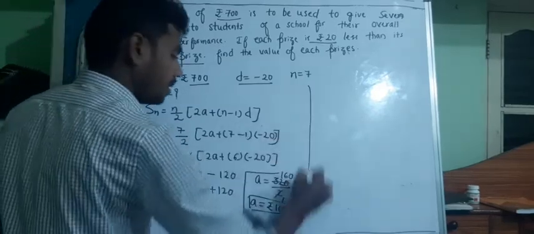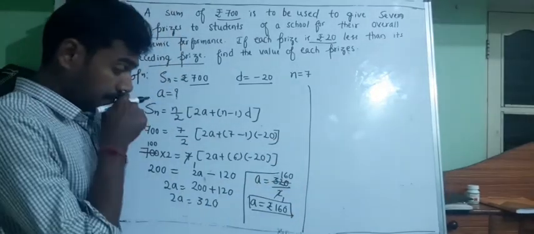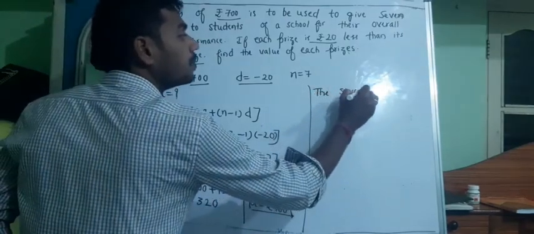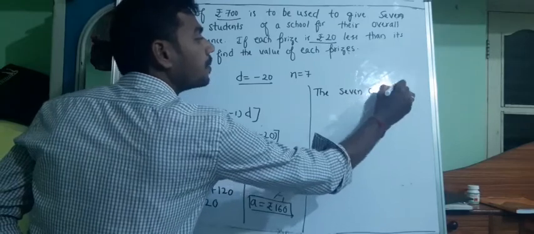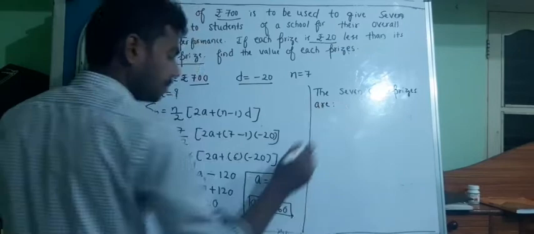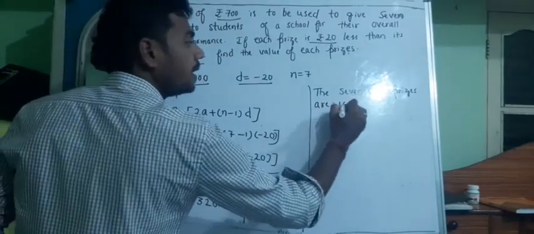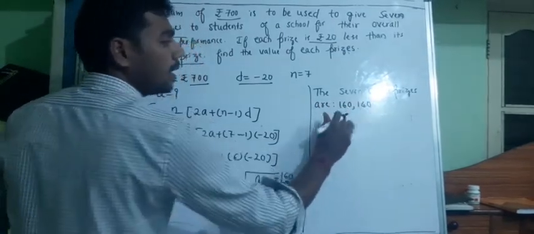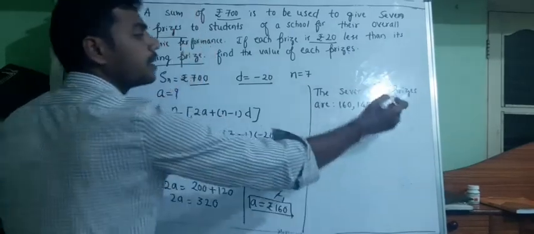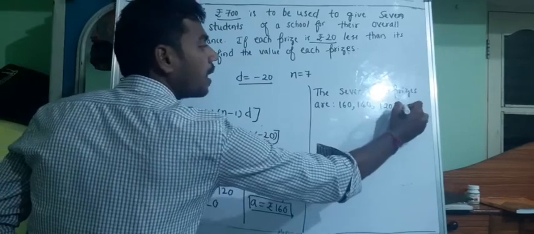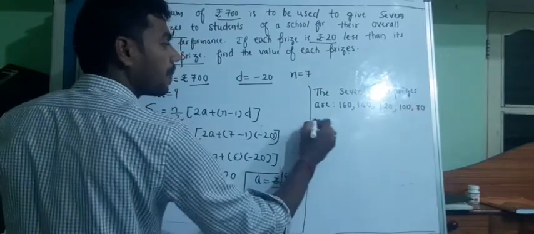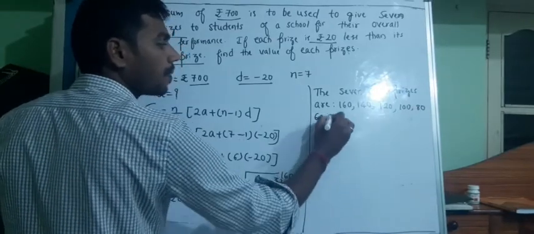Next, the 7 cash prizes are 160, 20 less, so 120. To get the next, subtract 20 from it, 100, 80, 60, 40.